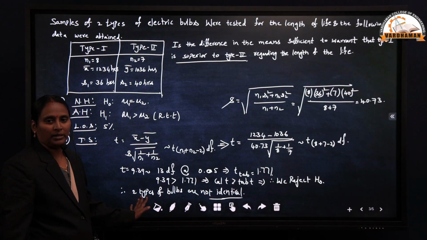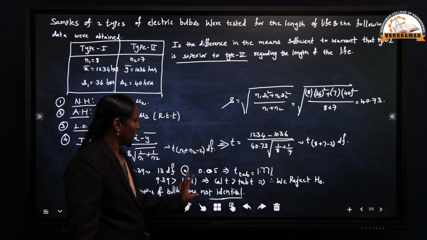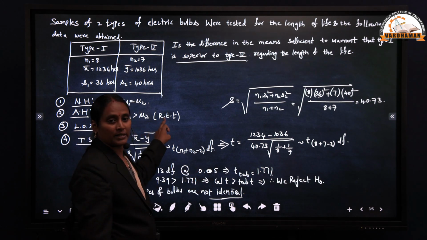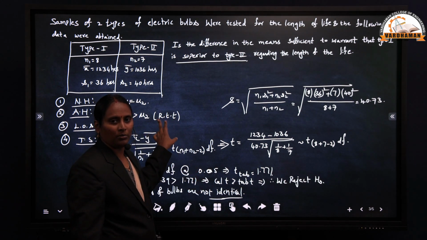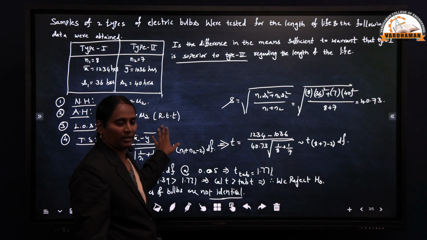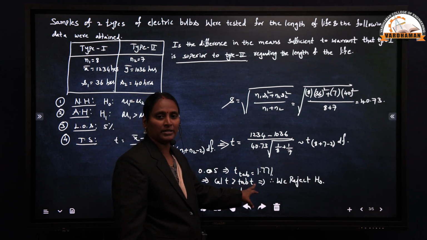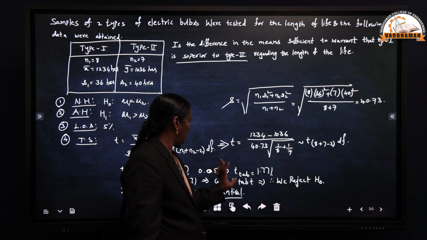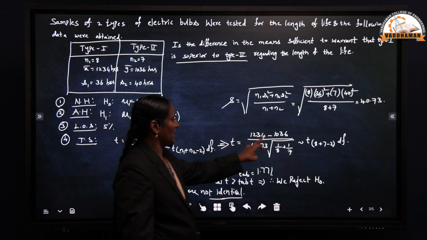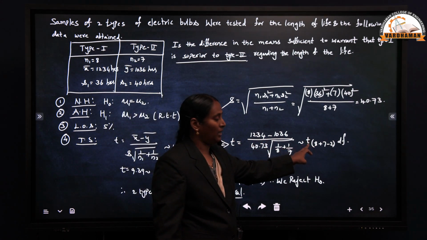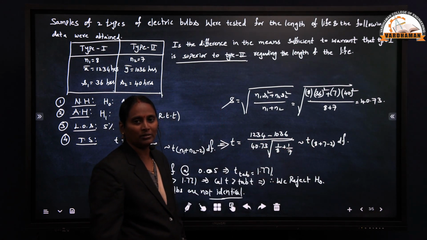Now in this problem, let us check how to find the table values. Here the alternative hypothesis is a right tail test. If the alternative hypothesis is a right tail test, we have to follow the level of significance 0.05, and the table value follows n1 plus n2 minus 2, that is 8 plus 7 minus 2, so we have to follow 13 DF.